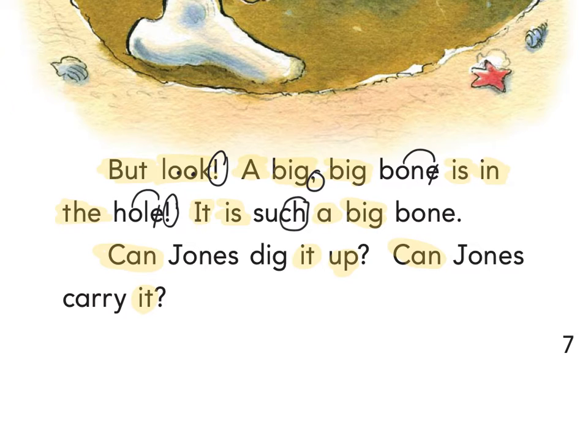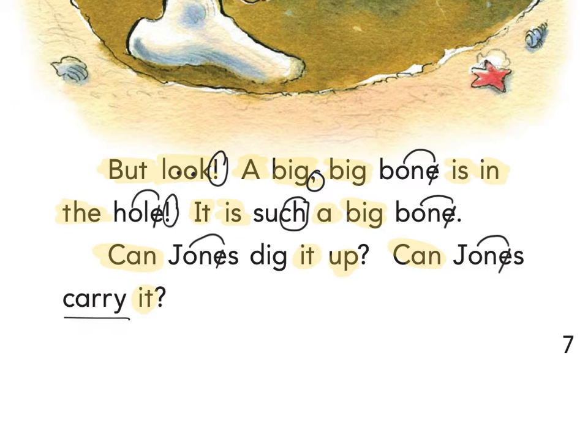Say it loudly, get with me. Such. Mark through the E, rainbow to the O. What's that word? Bone. Good. Mark through the E, rainbow to the O. What's the dog's name? Jones. Spot your vowel. What's the next word? Dig. Okay. Mark through the E, rainbow to the O. What's the dog's name? Jones.